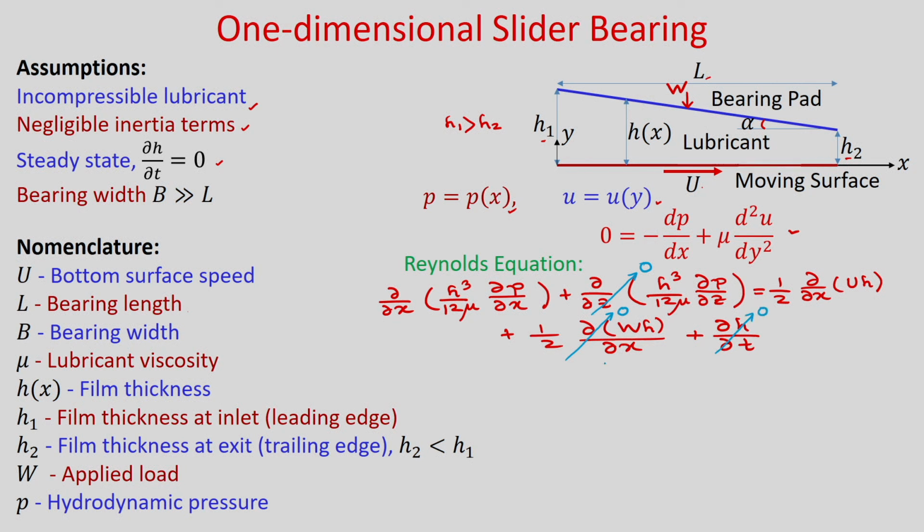So, after simplification we can write the Reynolds equation for this one dimensional slider bearing as del/del x of (h cube by 12 mu del p by del x minus u h by 2) is equal to 0, where we have taken this term to the left hand side.